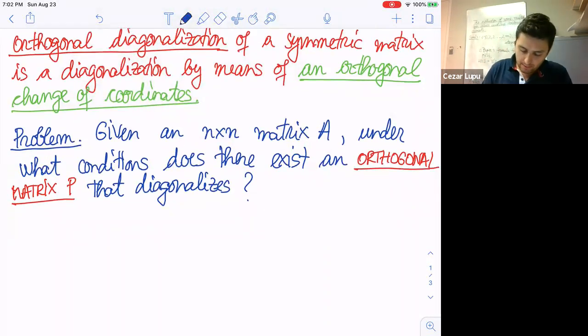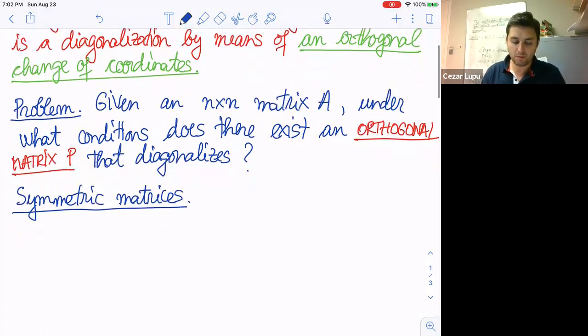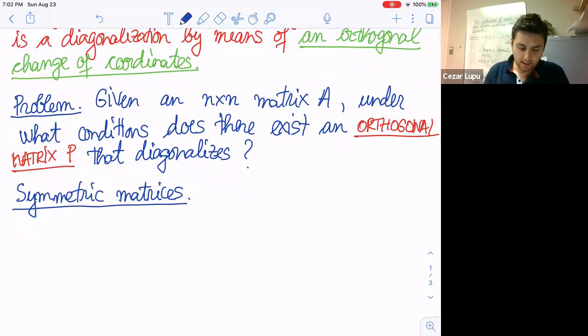Now let's start with symmetric matrices. Let's see the definition. As you already know, we have seen in chapter 2, when we talked about matrices, what a symmetric matrix is. But anyway, let's recall the definition.